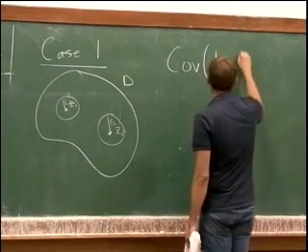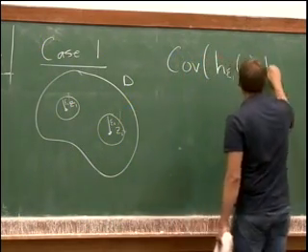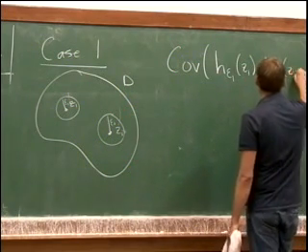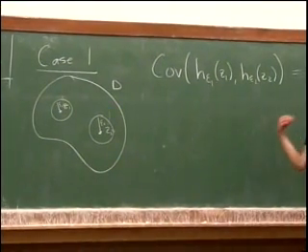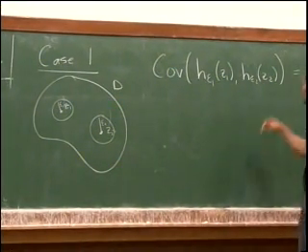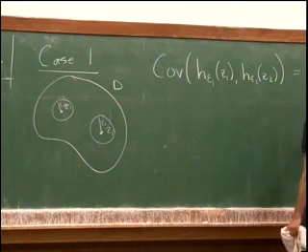If you ask, what's the covariance of these two? You get lucky, kind of, and it turns out to be just exactly the regular old Green's function. So this is the original Green's function g for this domain, evaluated at z1 and z2.